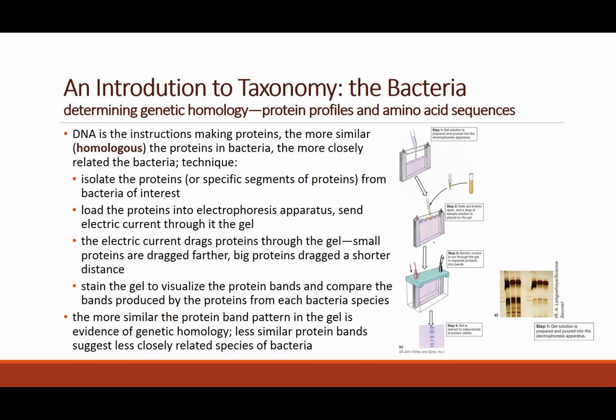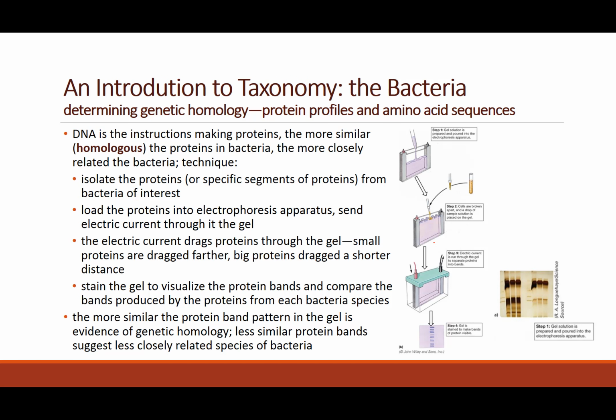Proteins are very long, but if we have proteins from 2 different bacteria, we keep them separate from each other, we're not blending them together this time, and then use enzymes to chop the proteins up into shorter strands between very specific sets of amino acids, then what we would expect is that if the proteins are coming from the same piece of DNA, they are going to be chopped up into the exact same little segments.